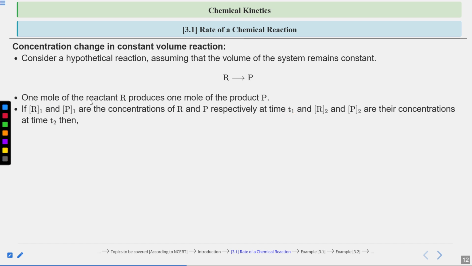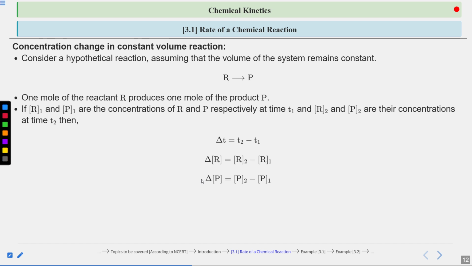Then delta T, that is the change in time during this process, is equal to T2 minus T1, right? Because at T1 the concentration is something and at T2 the concentration changes. So the change in time will be the total time T2 minus T1. This time between T1 and T2 is the change in time. So you can also say that the change in the concentration of the reactant will be R2 minus R1.